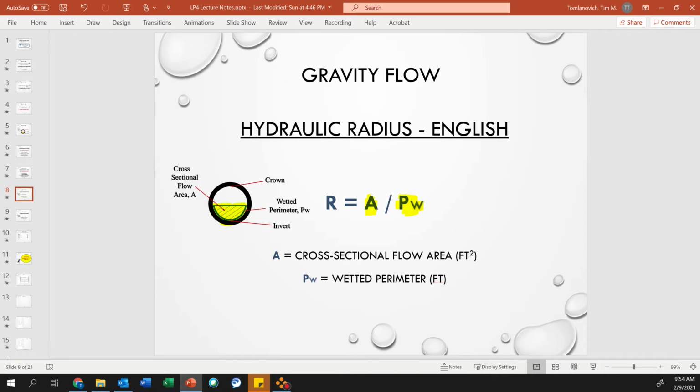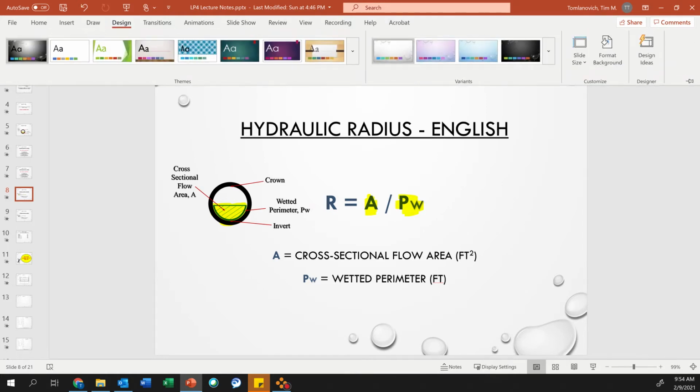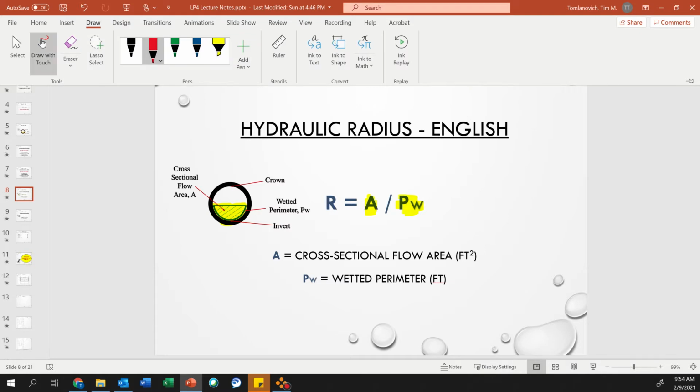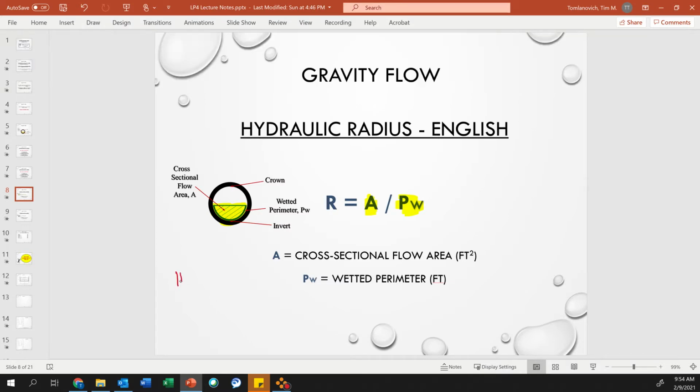So how do I calculate the perimeter of a circle? If you remember, pi times d is the circumference of the circle. Area is pi d squared over 4. So hydraulic radius is the cross-sectional area of flow divided by wetted perimeter. So some terminology there.